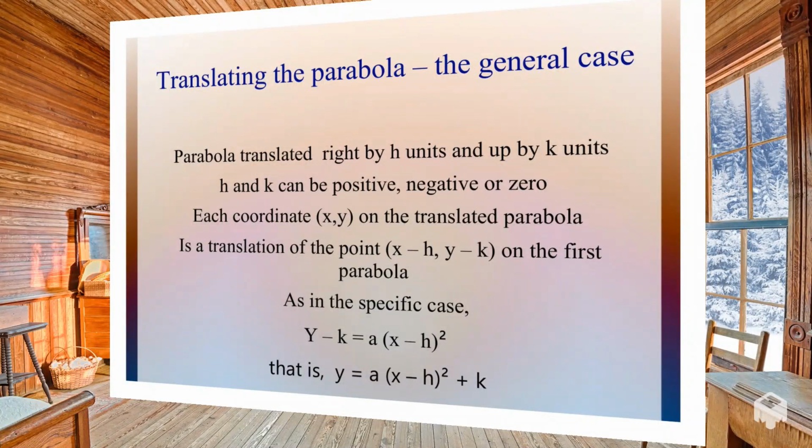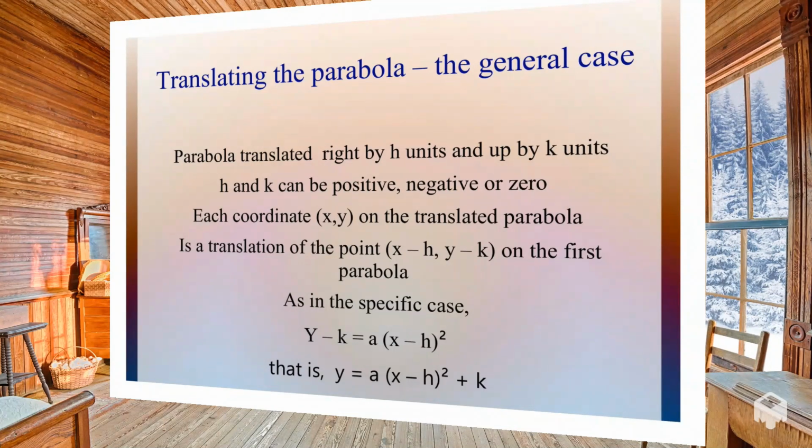Now the parabola translated right by h units and up by k units is the same as saying that it's translated h units to the left from the perspective of the second parabola and k units down. H and k can be positive, negative, or 0.